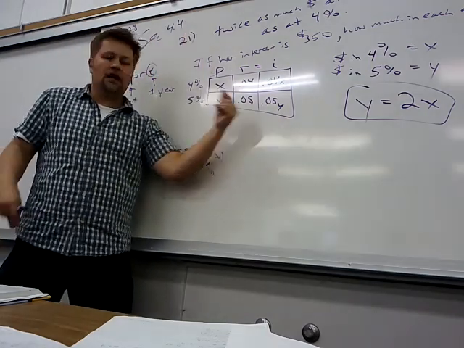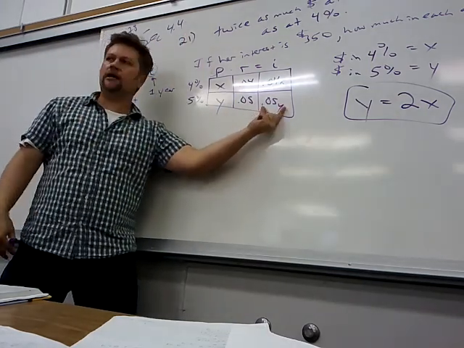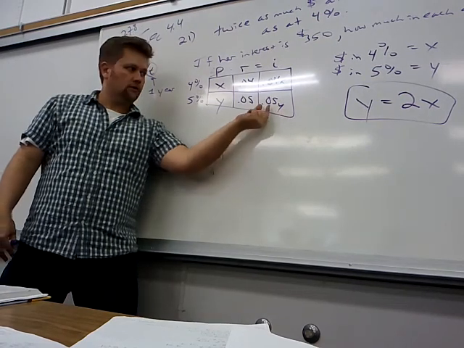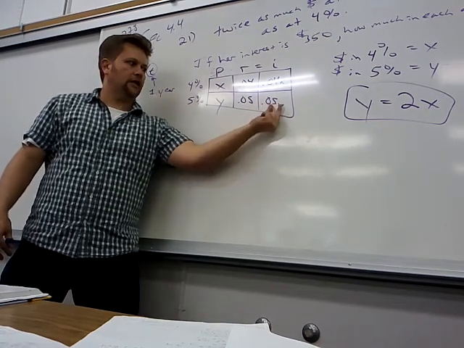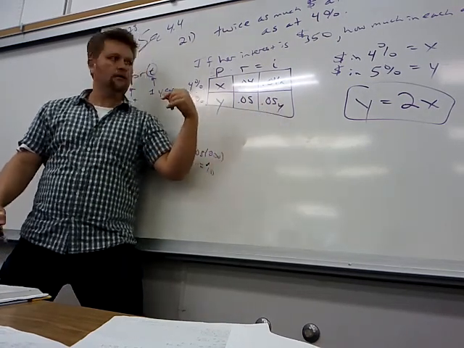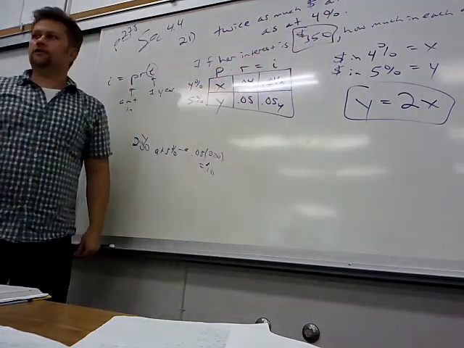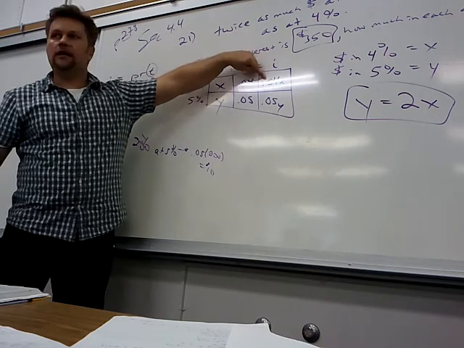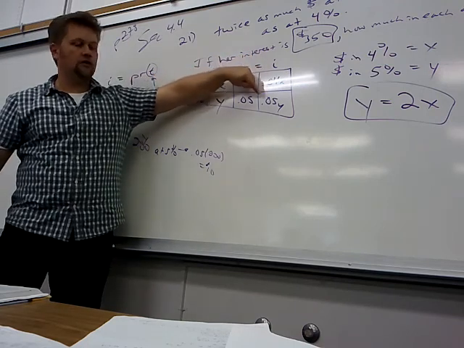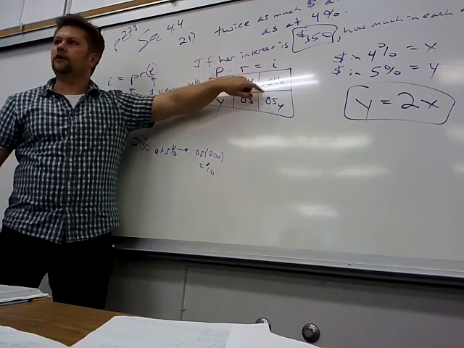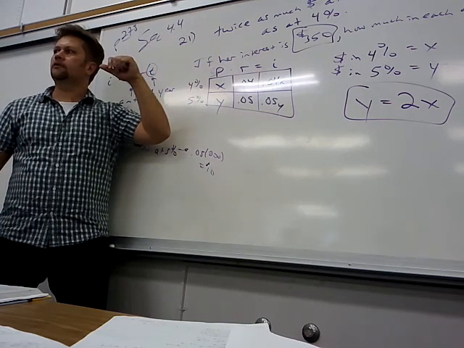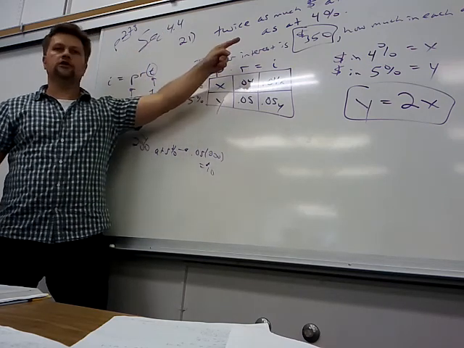So of course 5% of that is going to be my interest. So if I made $350 total interest, if I take the interest I made here and the interest I made there, what has to happen? How much total interest did I make?